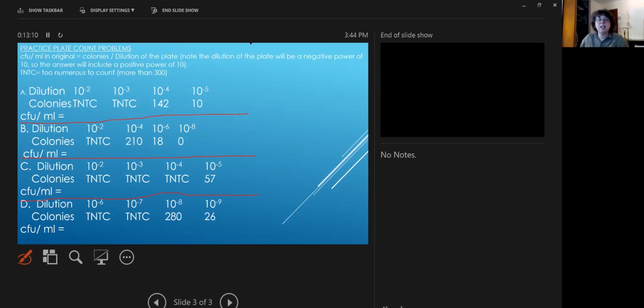So the first step with any of these, either on the worksheet or on the lab exam, is picking your plate to use for the calculation. So remember, you want to use the 30 to 300 range plate, and you'll take the colonies on that plate and divide by the dilution of the plate. Convert that number into something that looks like scientific notation.